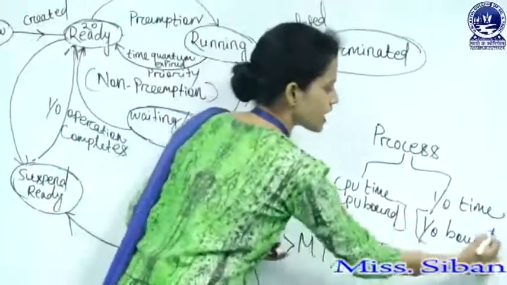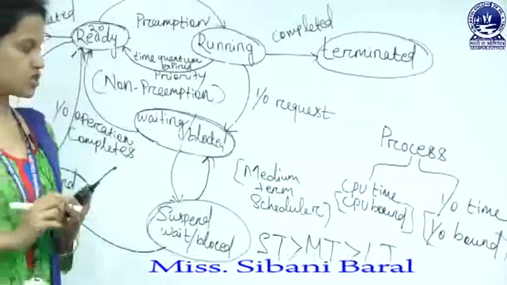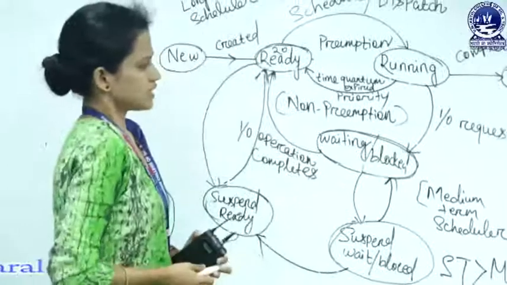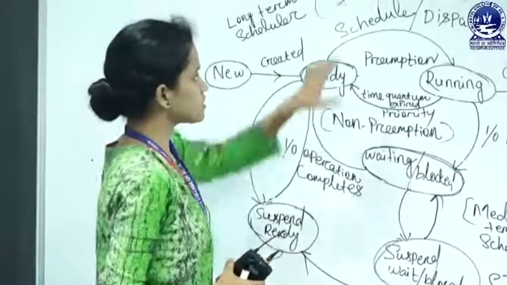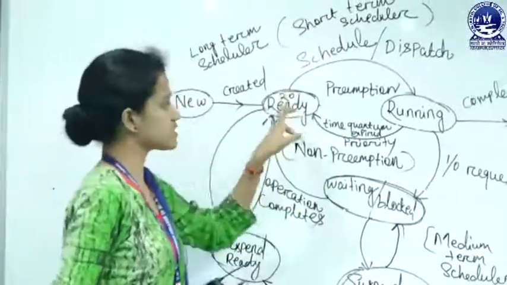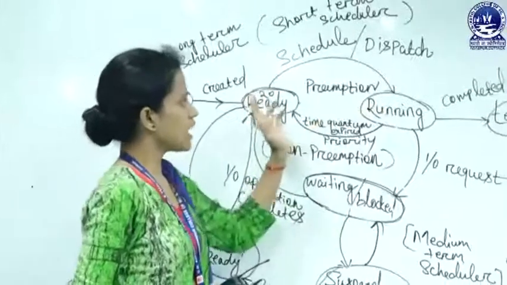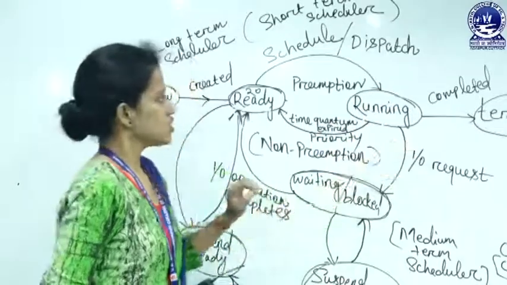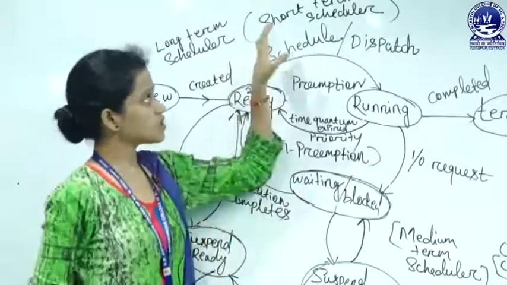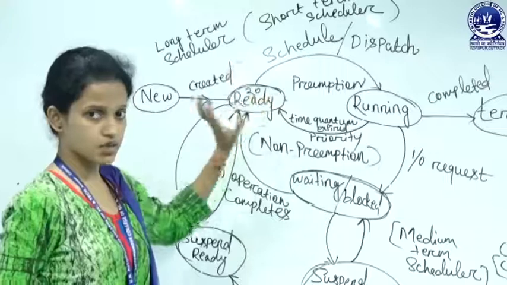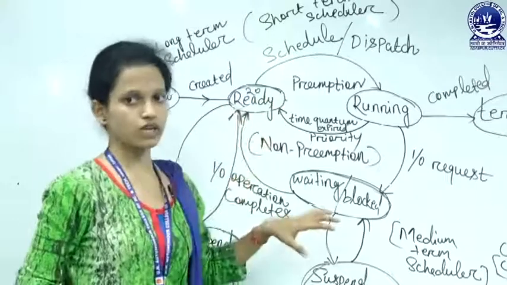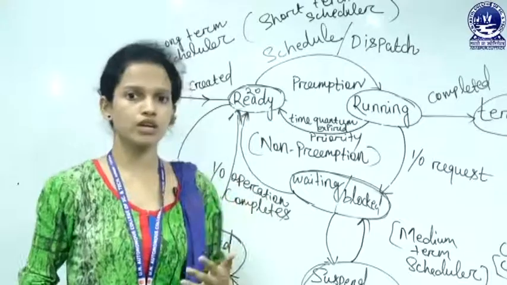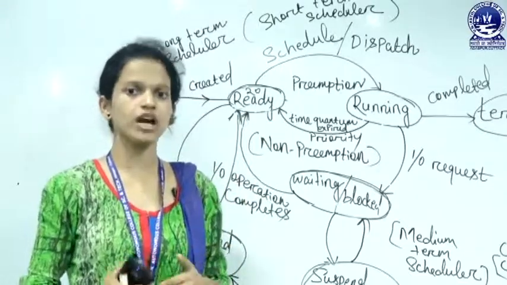Which process has to be selected very frequently, CPU bound or IO bound? That is decided by the short term scheduler, which selects the process for the running state. Suppose the process spends more and more time doing IO operations.